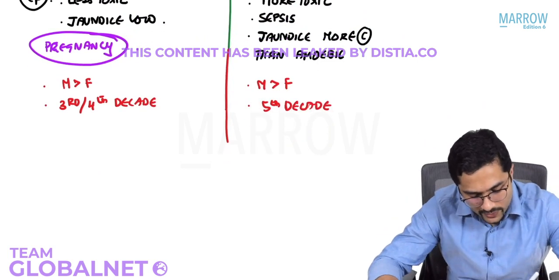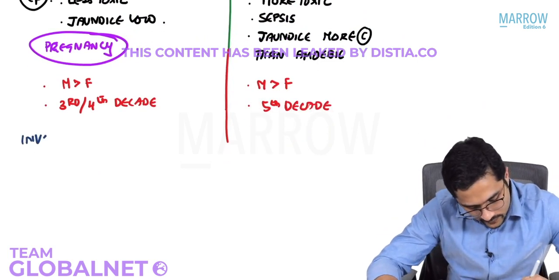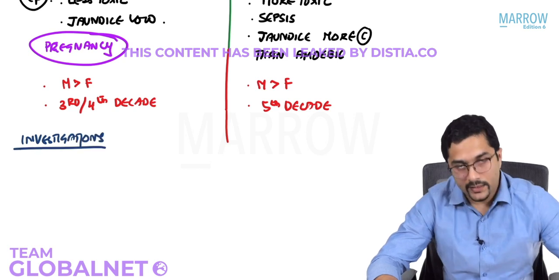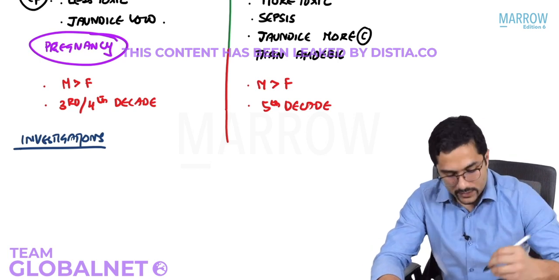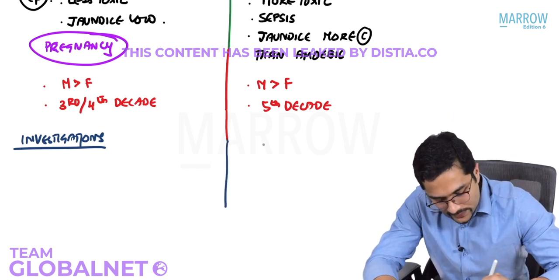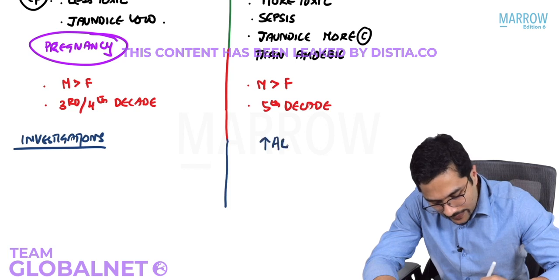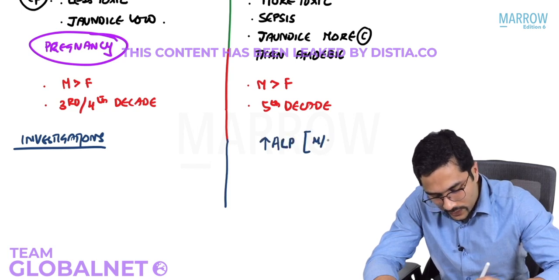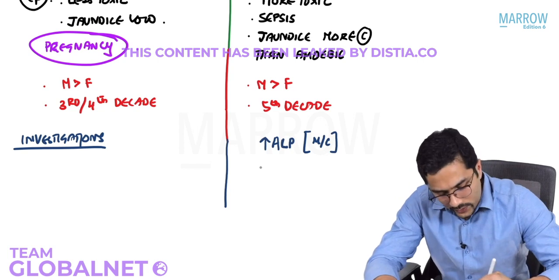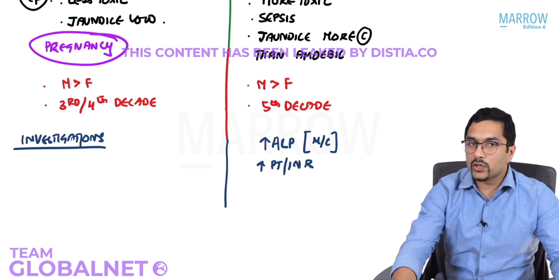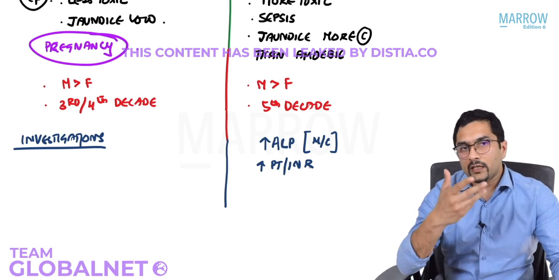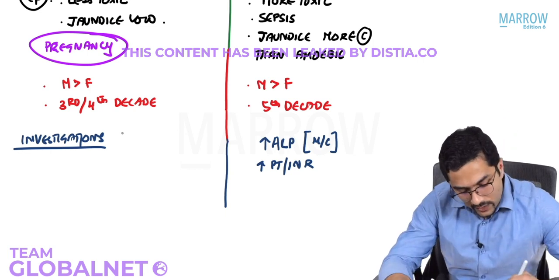Now, if we talk about the investigations, if we talk about blood investigations, then you should know that for pyogenic liver abscesses, increased alkaline phosphatase (ALP) is the most common abnormality which is seen. Also, there can be increased PT-INR, but increased ALP is the most common biochemical abnormality seen in blood.